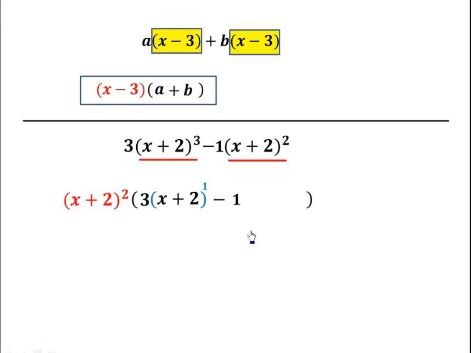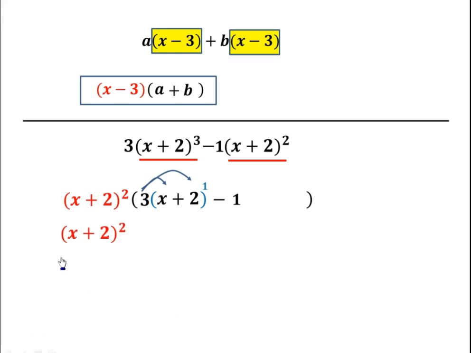So for the factoring, I'm really done with this problem, but I can clean it up a little bit. Anytime you have problems and there's some cleaning up that can be done, just go ahead and do that. And what I'm going to do is distribute this 3 through the parentheses here and then combine my like terms. So I'm going to multiply the 3 times x and the 3 times 2.